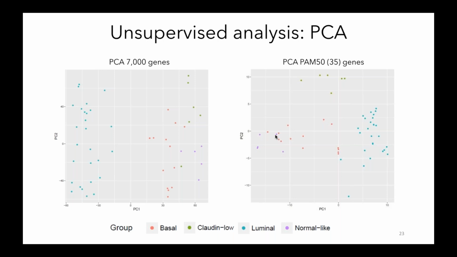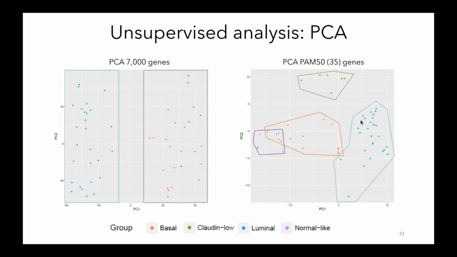Interestingly, you can see normal-like and basal kind of together, which actually biologically makes sense. And then you can see cloud and low over here and luminal over here, right? So this kind of gives you an insight on how clinically gene expression can be used to understand the differences between different subtypes of breast cancer.